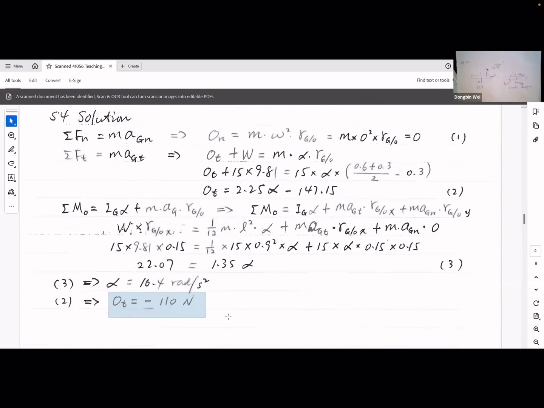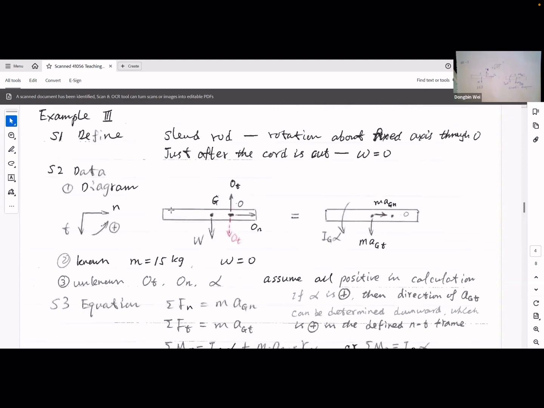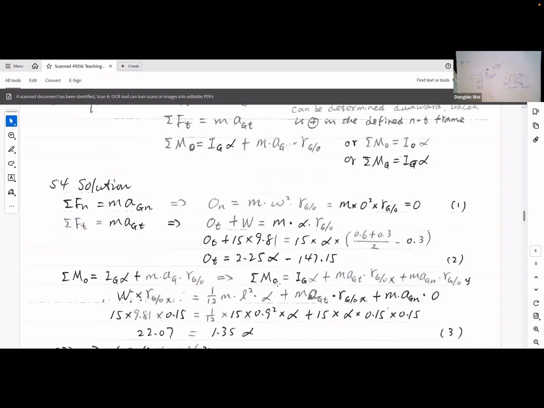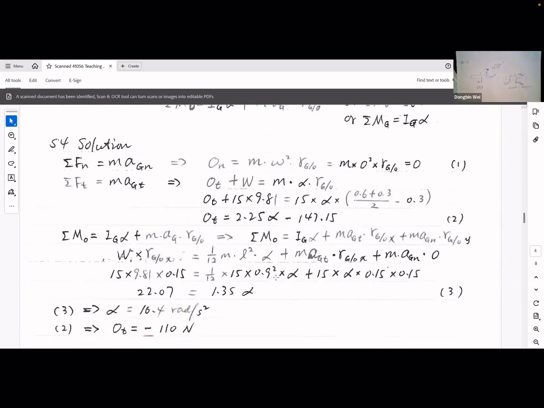For OT is negative. What does this mean? This means OT should be upward, negative, instead of the assumed positive downward. Okay? So that's the solution for this third example problem.